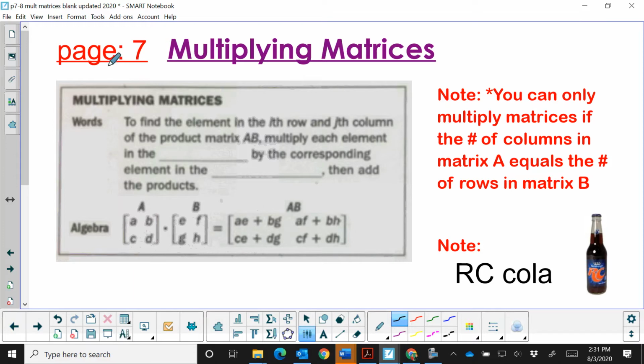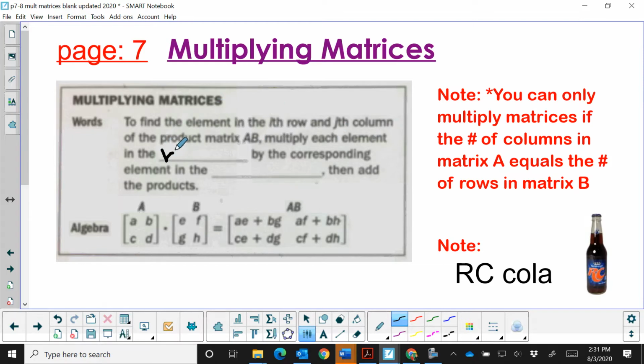So here is the little lingo, and if you were in class we would actually cut this out and put this into our interactive notebook, but we are not there.